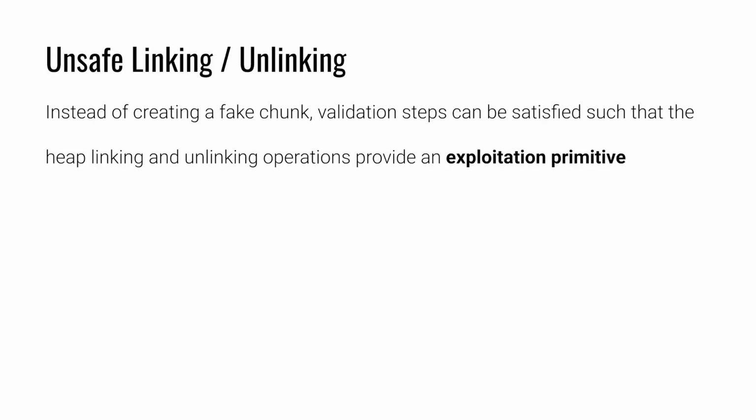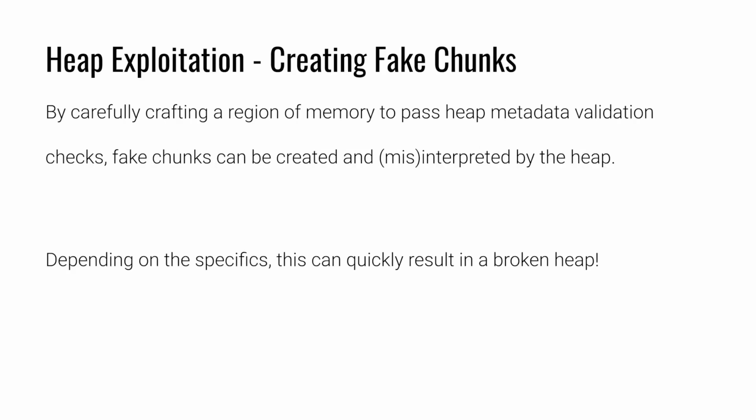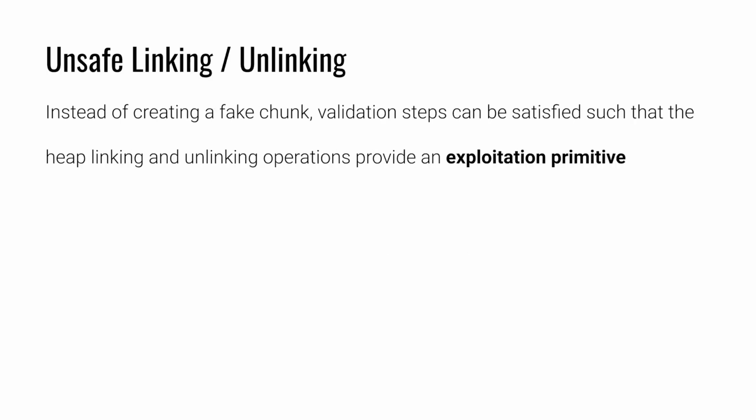Now, similar to creating fake chunks, where you're trying to emulate the entire chunk metadata reasonably faithfully, it is possible to simply take a memory region and craft it to just pass the validation steps, so that you can get one specific exploitation primitive.